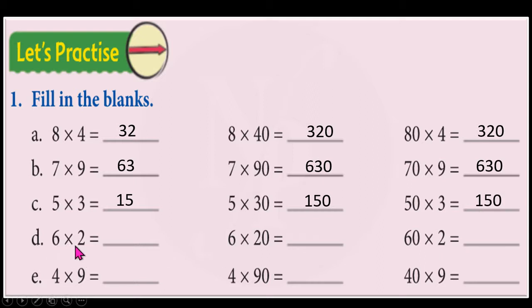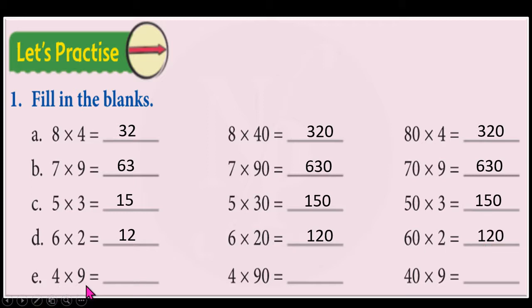D. 6 into 2. 6 2s are 12 and 6 into 20. Here we had 2, but here we have 20. So on multiplying 20 and 6, we get 120 as product, and also multiplying 60 by 2, we get 120 as the product.